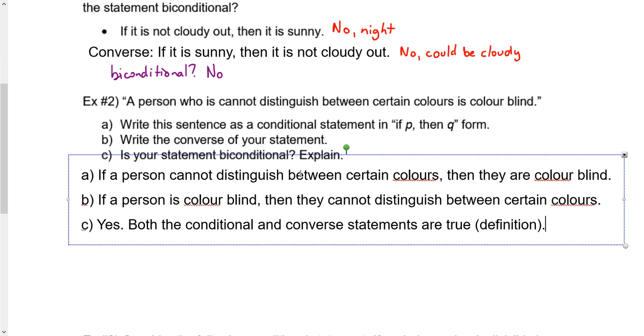If a person cannot distinguish between certain colors, then they're colorblind. That is the actual definition. Not distinguishing between certain colors is colorblind. Being colorblind means that you can't distinguish between certain colors.